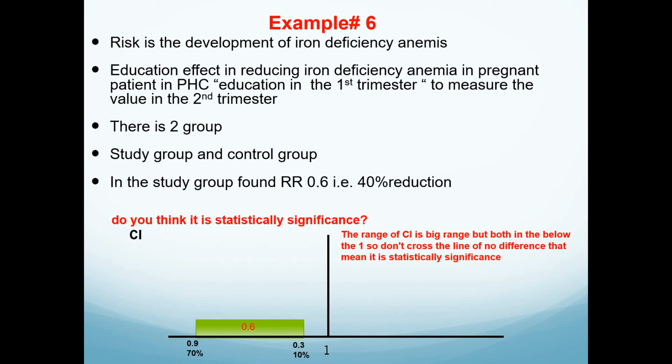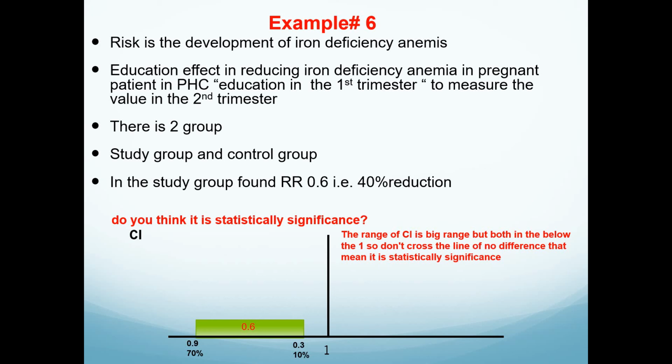There are two groups, a study group and a control group, and if the study group is found to have a relative risk of developing iron deficiency anemia of 0.6, that means a 40% reduction in the development of the iron deficiency anemia.